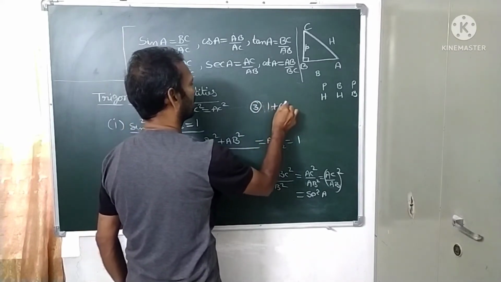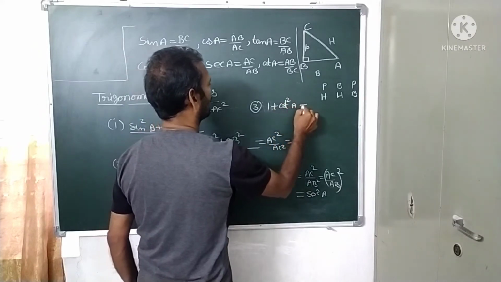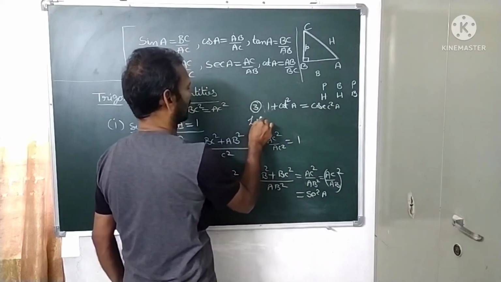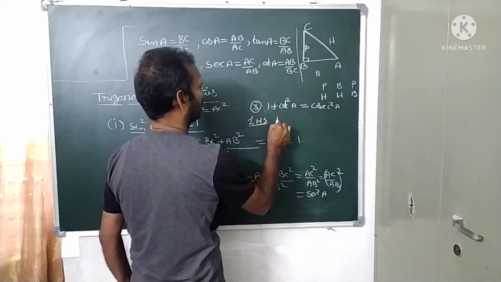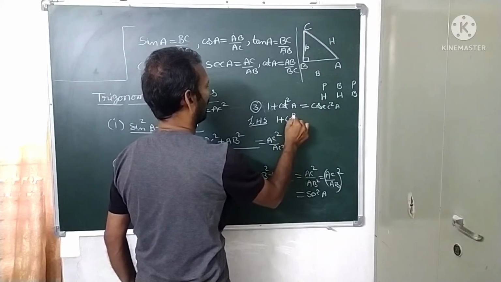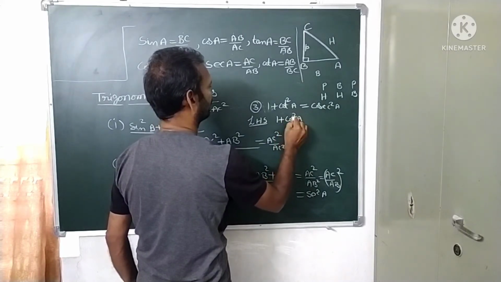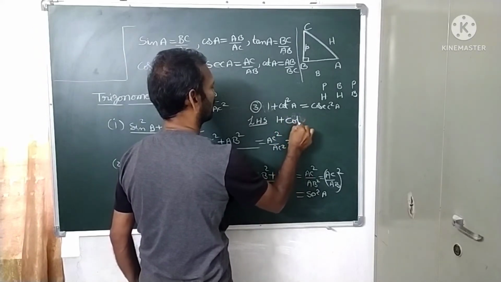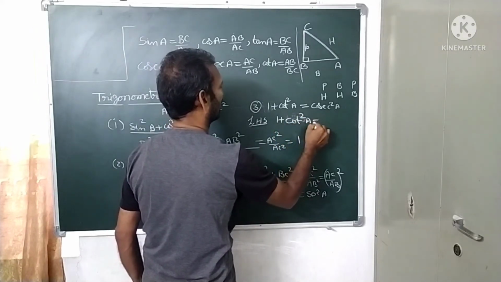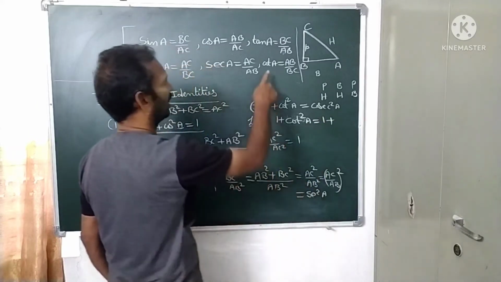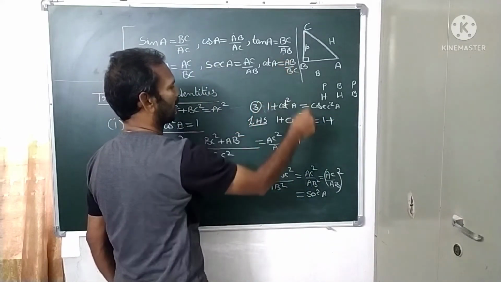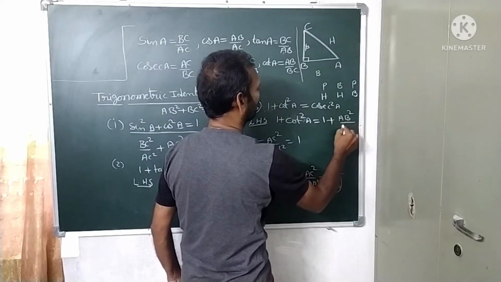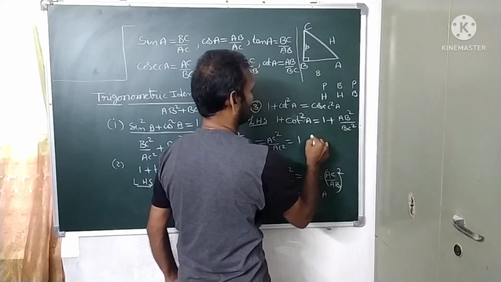1 plus cot square A is equal to cosecant square A. Take LHS: 1 plus cot square A equals 1 plus cot AB by BC. Square is there, that's why AB square by BC square.